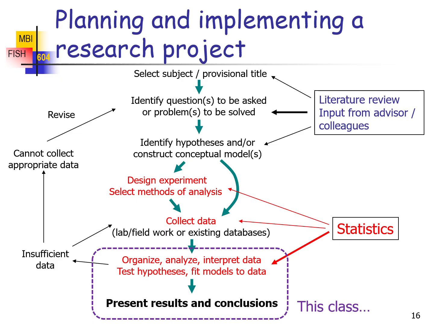Then you may have to go back all the way to the beginning here to redefine your questions and problems to a set of questions or problems that you can actually address with the data that you have access to. So hopefully that helps you a little bit in thinking through the process here and the general scientific process and how statistics and statistical methods fit into that process.